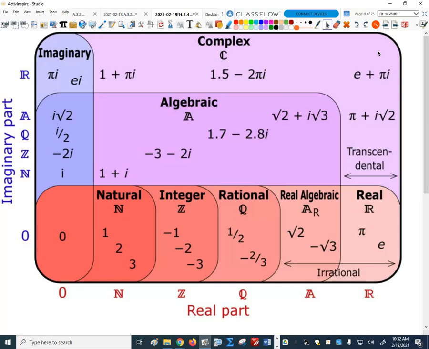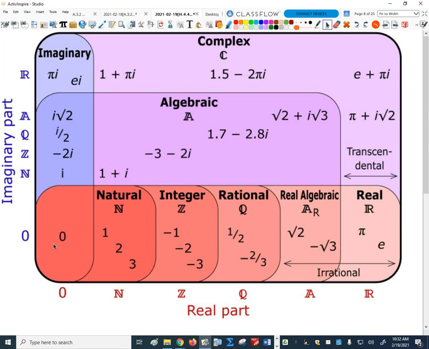Okay. Here is a more sophisticated look at that. There's a lot of stuff here that's going to be above and beyond the scope of our discussion today, but this is really pretty cool, actually. You can take this set of complex numbers and subdivide it in all kinds of interesting ways. For example, the set of pure imaginary numbers.